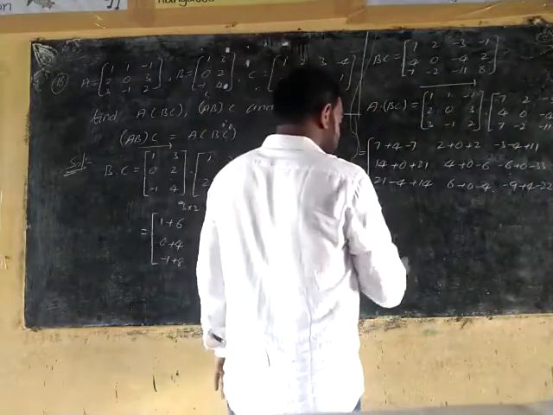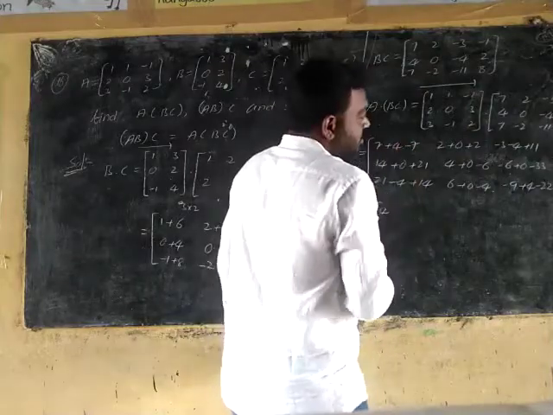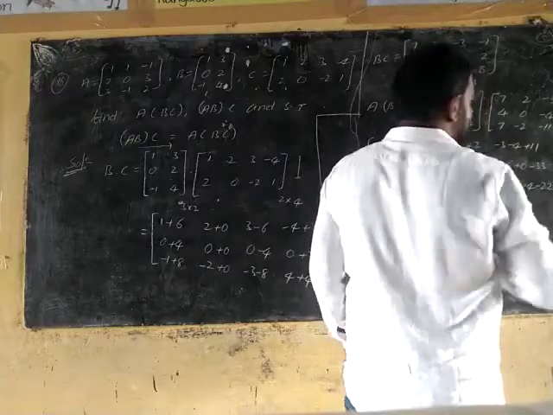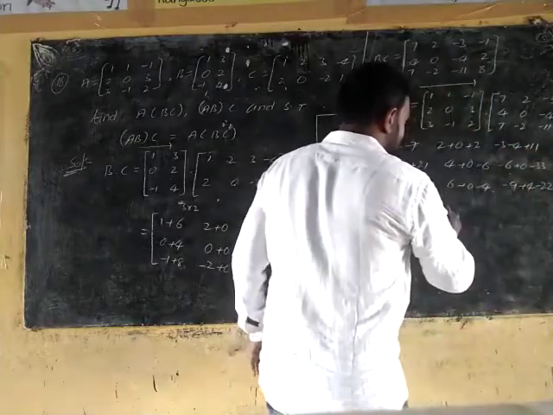Now, total: 7 and minus 7 get cancelled, result is 4. 2 plus 2, 4. Next, minus 3 minus 4, minus 7, plus 11, 4.